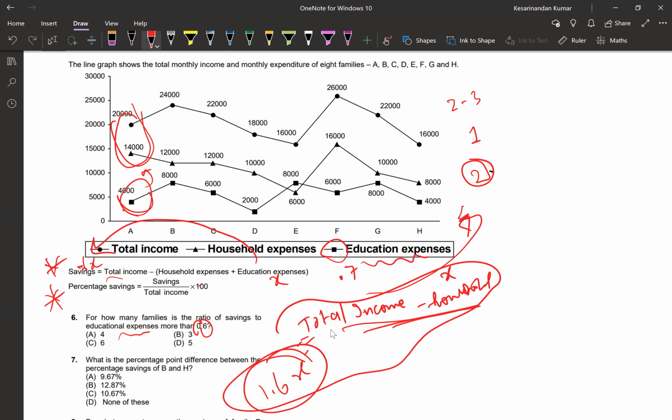Now, instead of a 4-step method where you subtract this, then subtract this, whatever the number is, then take a ratio and see if it is greater or less than 0.6, just subtract this and compare it with 1.6 times this. That's it. Here, since there are very few parameters, it's total income, household expenses, and educational expenses.